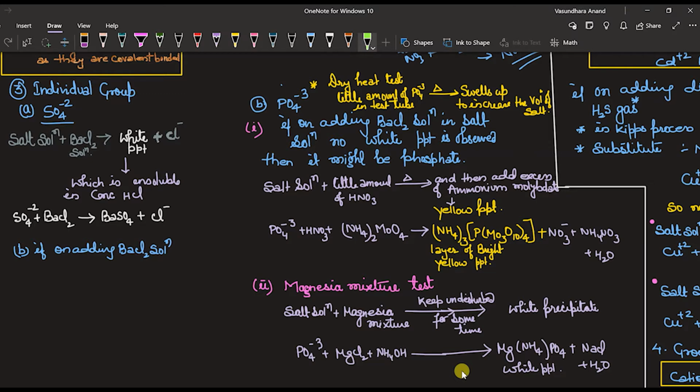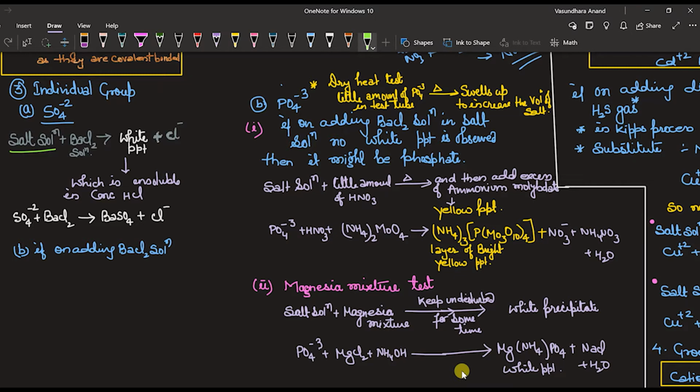In this case, for the first time in anion identification, we will take salt solution. Before, in the identification tests, we were using only salt, but now for the first time we use salt solution.